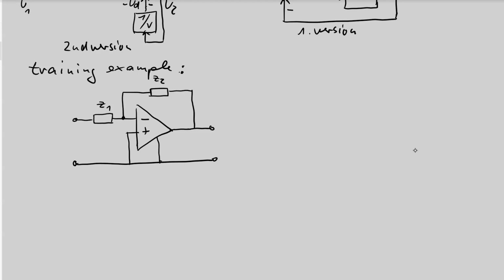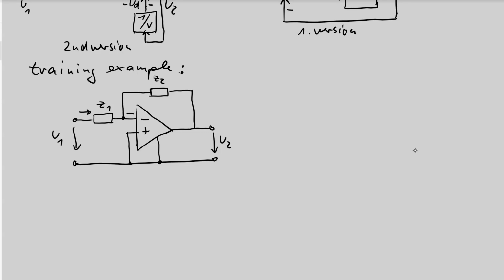The virtual ground is also connected. It's the ground for the two power supplies. Here we have a U1 input, and here we have a U2 output. And of course we have here an input current.